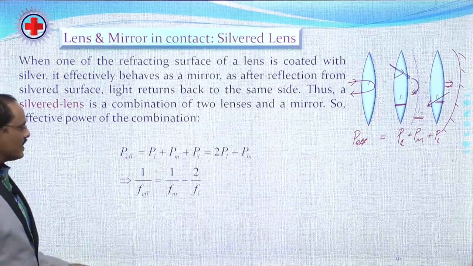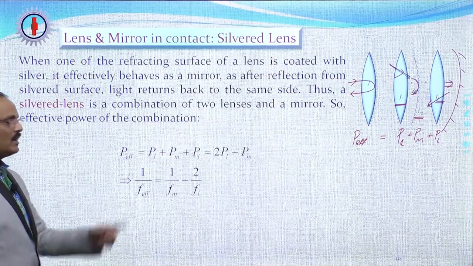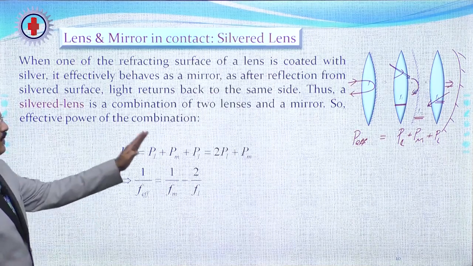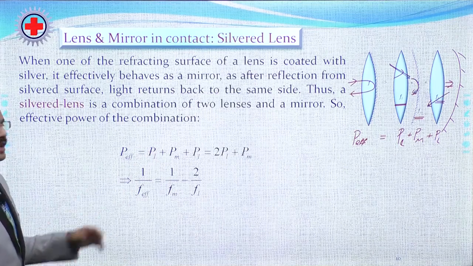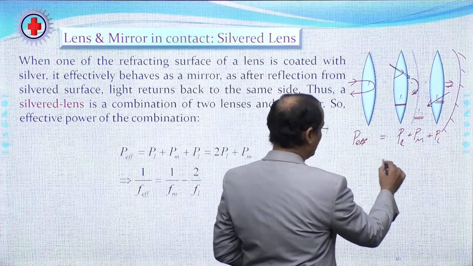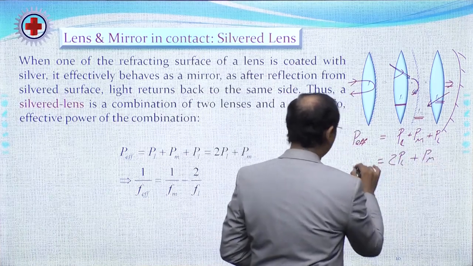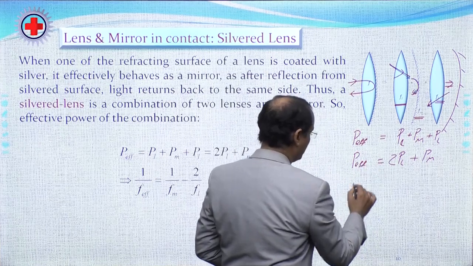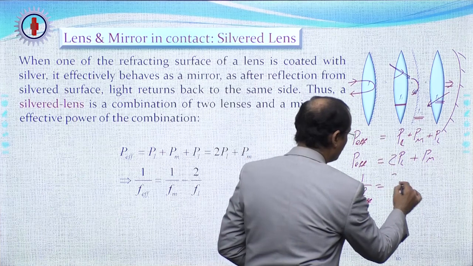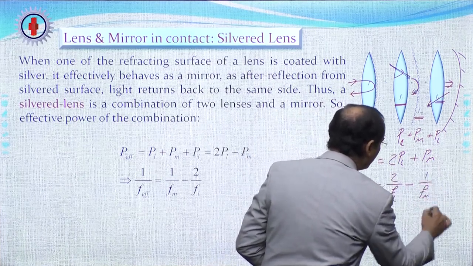Now, you will be surprised how this minus sign came. The minus sign came due to the proportionality relation. Let me write this effective power in terms of their focal length. P effective is equal to 2 PL plus PM. Let me write minus 1 by F effective is equal to 2 by FL minus 1 by Fm.